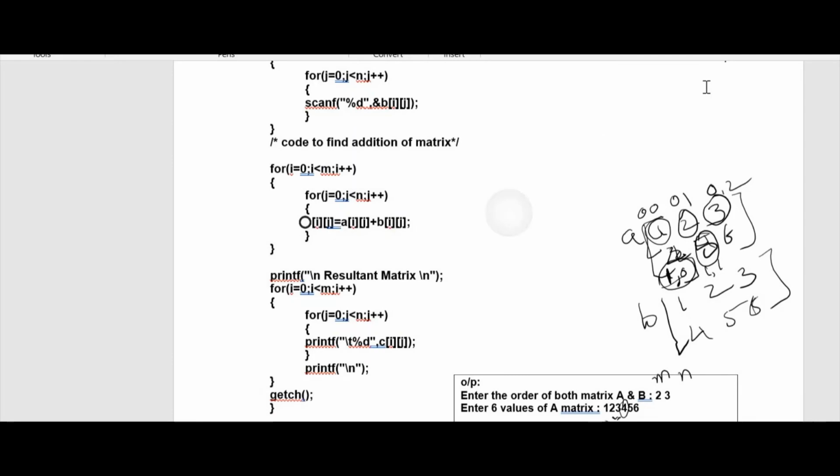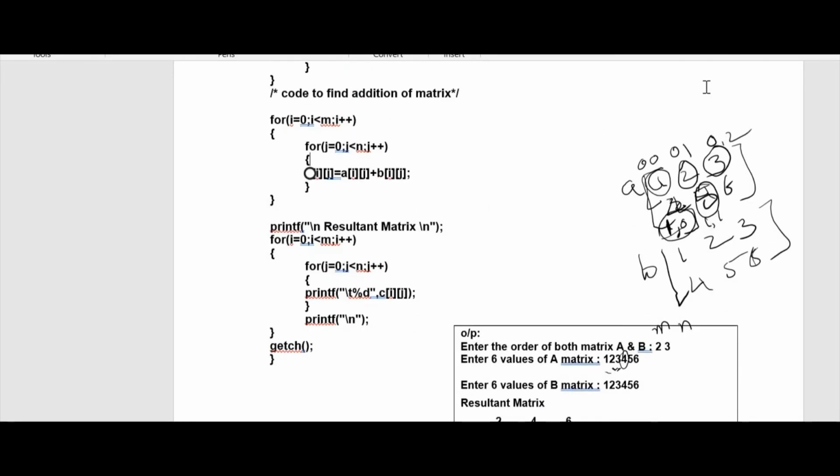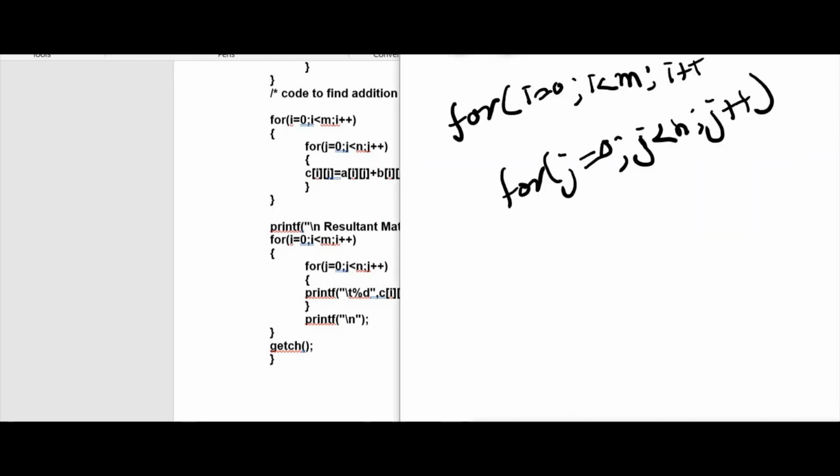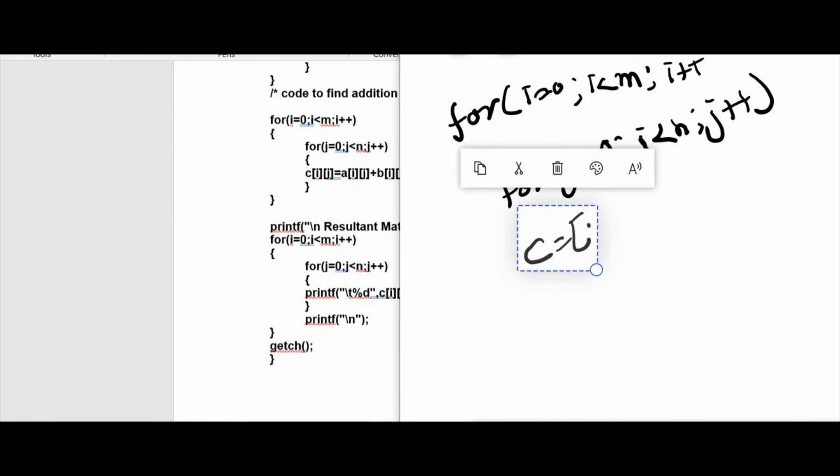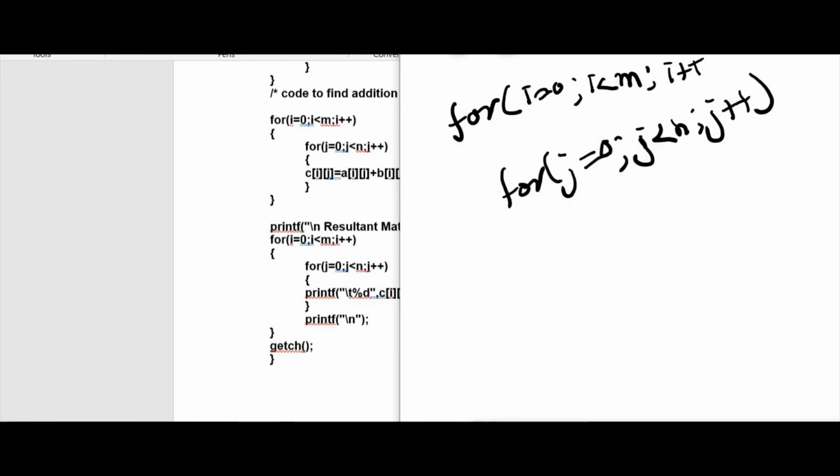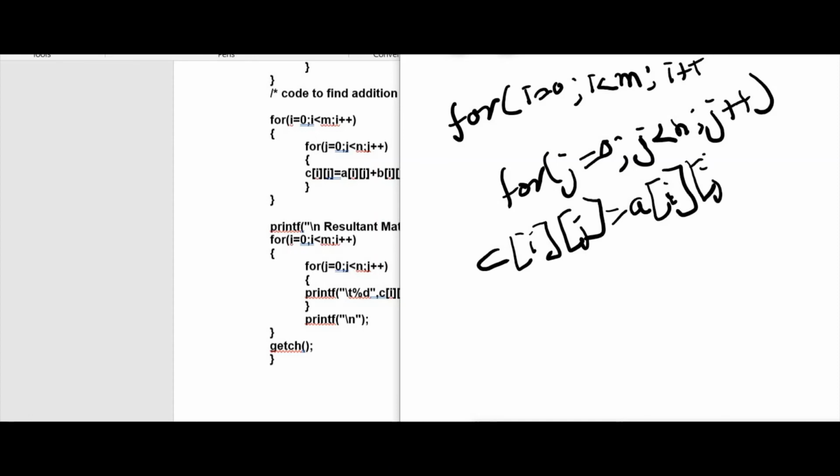What am I performing? I am performing C of I comma j is equal to A of I comma j plus B of I comma j. So C of ij will be assigned A of ij plus B of ij, right?